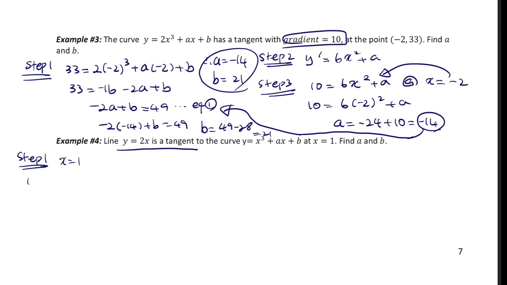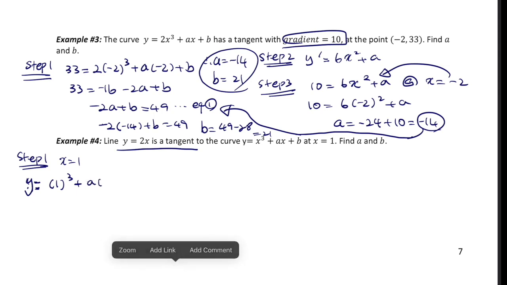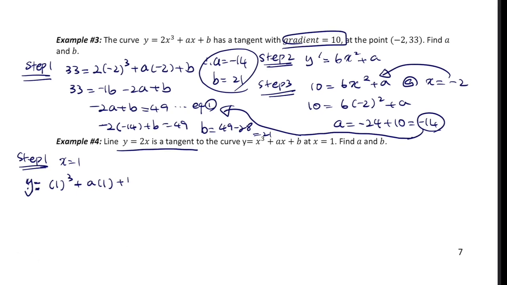Since we only know the x value is equal to 1, we're going to find the y value by substituting x equals 1 into the curve equation, the function, so 1 to the power of 3 plus a times 1 plus b. Then we know that the y value is equal to 1 plus a plus b.